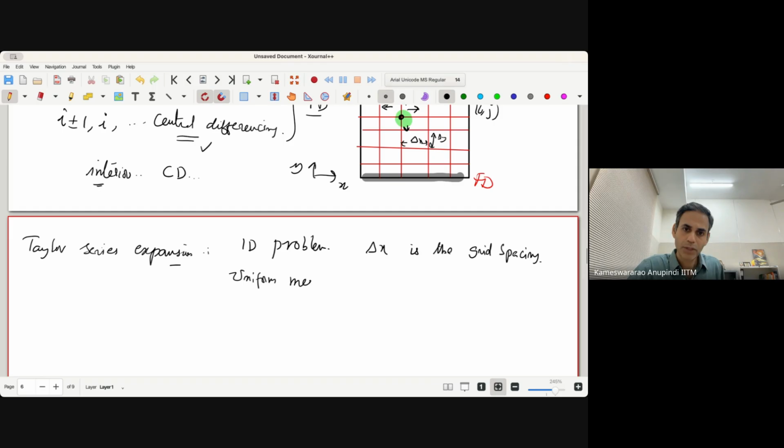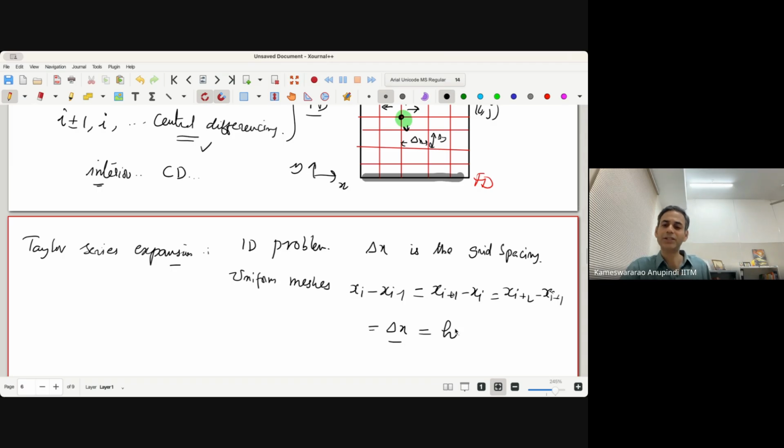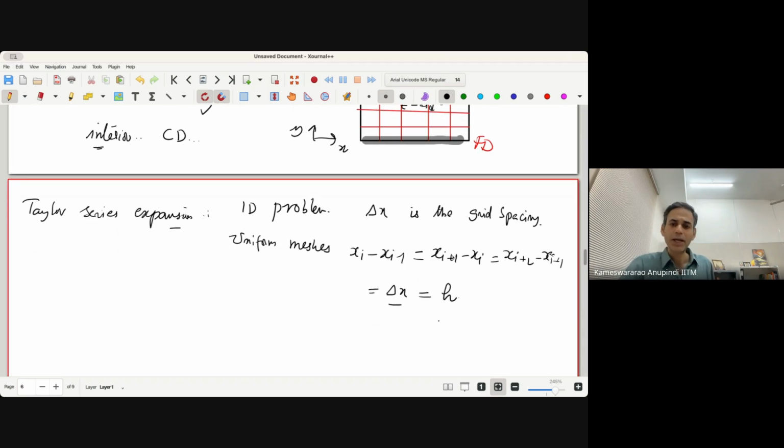When we say uniform mesh, we have x sub i minus 1 equals x sub i plus 1 minus x sub i equals x sub i plus 2 minus x sub i plus 1. All these things are equal to delta x, which is the same. You basically have a uniform mesh, which I would also like to represent using little h. This is also the grid spacing because it will be easy for me to write, so I may interchangeably use delta x and h.